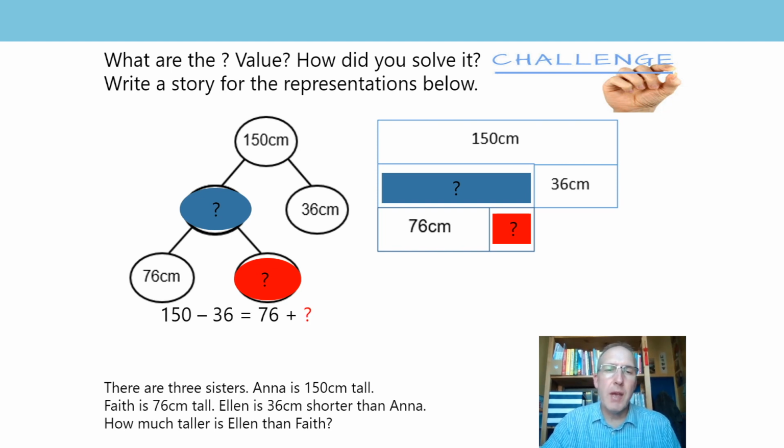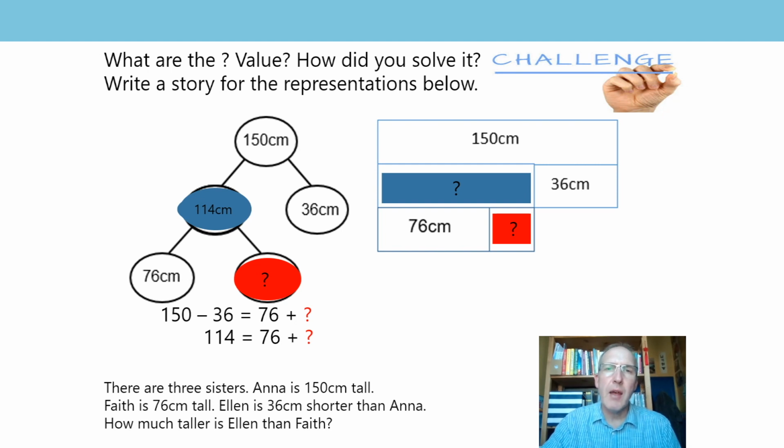Here's the balanced equation. 150 minus 36 is equal to 76 plus something. So that something is the red oval. So, can we work out Ellen's height? Yes, 150 minus 36 is 114 centimetres. How can we get the difference then between Ellen's height and Faith's height?